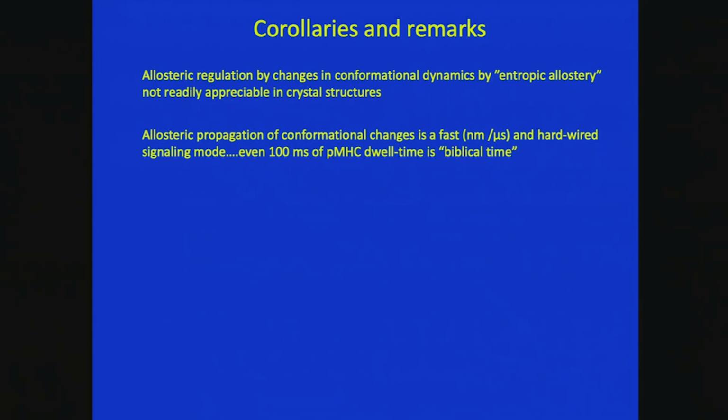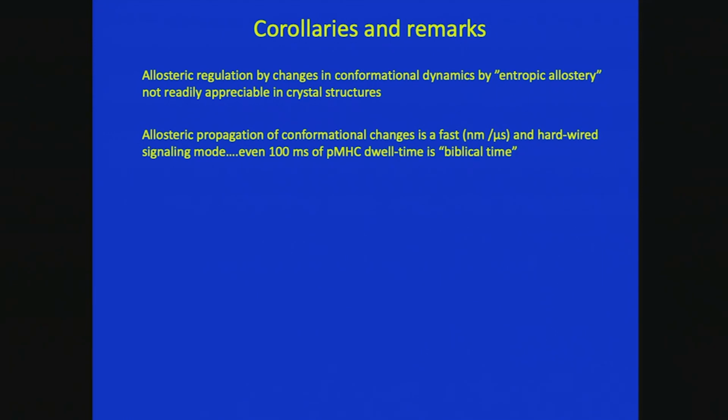People have measured this in various proteins, even dimeric proteins that are allosterically regulated, and they could register, mostly by NMR, the time from when you bind to the moment you see changes at a long distance in the protein, maybe in a catalytic binding site. It takes about 1 millisecond.